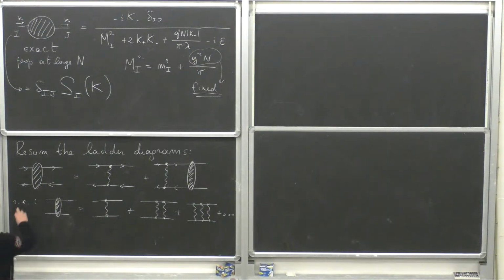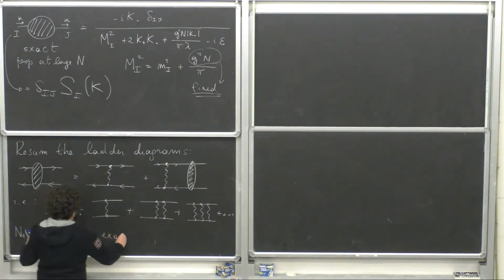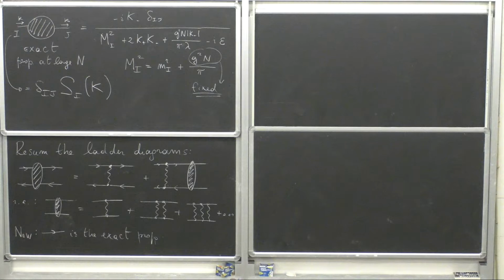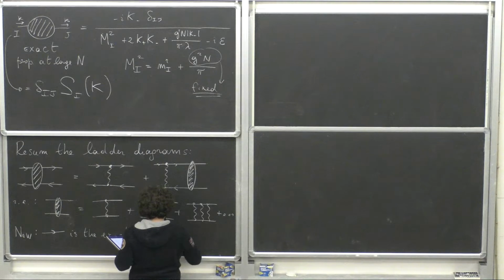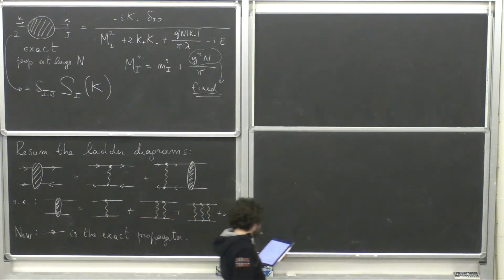What I forgot to say is that now when we draw these diagrams, this line is the exact propagator. Okay? But since I don't want to keep drawing the gray blobs every time, I'm just gonna use a simpler notation, okay? But remember that now on the internal lines, we're gonna put the exact propagator of the fermion.